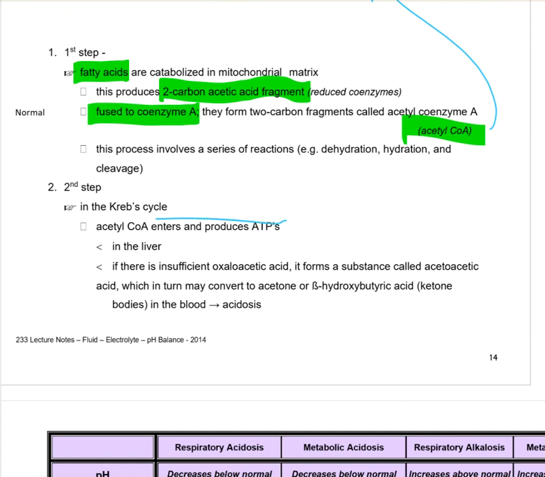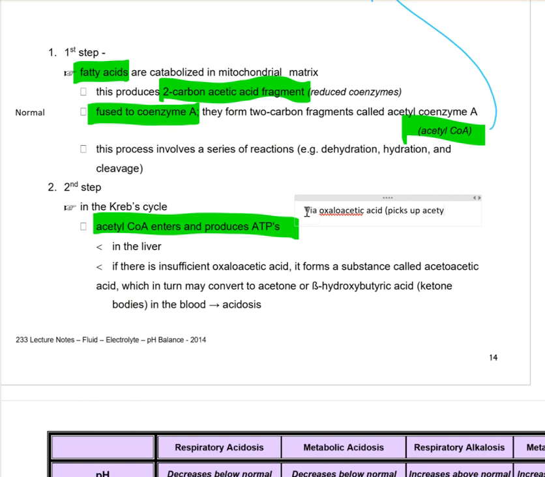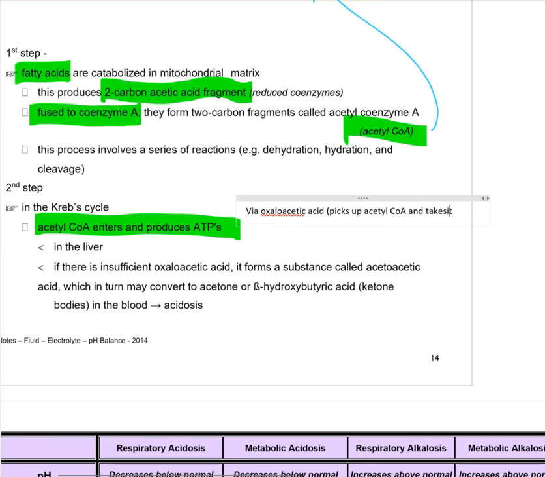We go through our normal aerobic respiration. And this happens via this thing called oxaloacetic acid. This picks up the acetyl coenzyme A and takes it to the Krebs cycle. Okay?